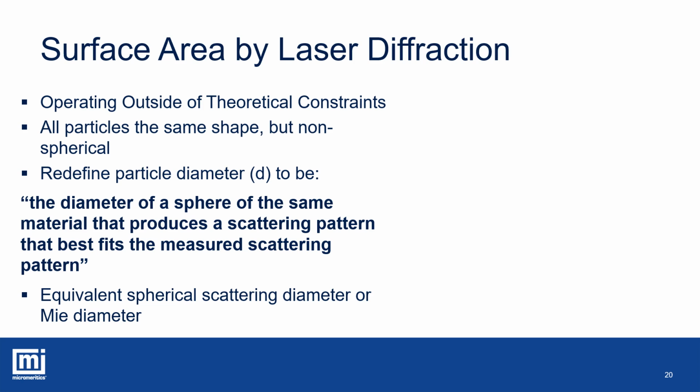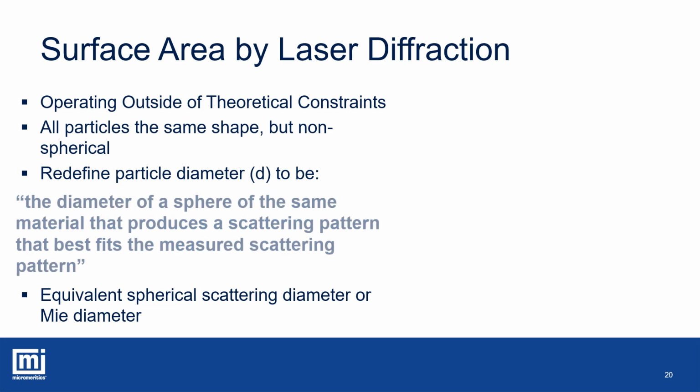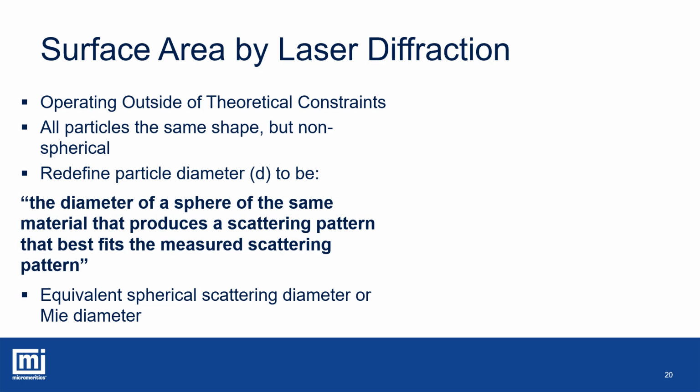And if we don't meet that criteria, we have to redefine the size or the diameter as the diameter of a sphere of the same material that produces a scattering pattern that best fits the measured scattering pattern. In other words, when we're measuring the scattering pattern, we're collecting that data and we're trying to fit it into a model of theoretical spheres. And we're calculating a size result from the theoretical spherical model, not directly from the scattering pattern.